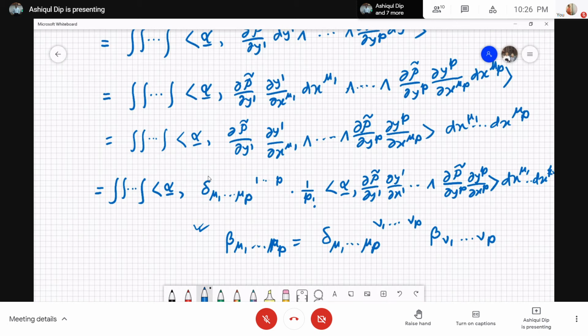I think it's the left hand side. I mean, p factorial times the delta. This one? Yeah. Okay, now match it over there. Which one is correct? That doesn't seem right.